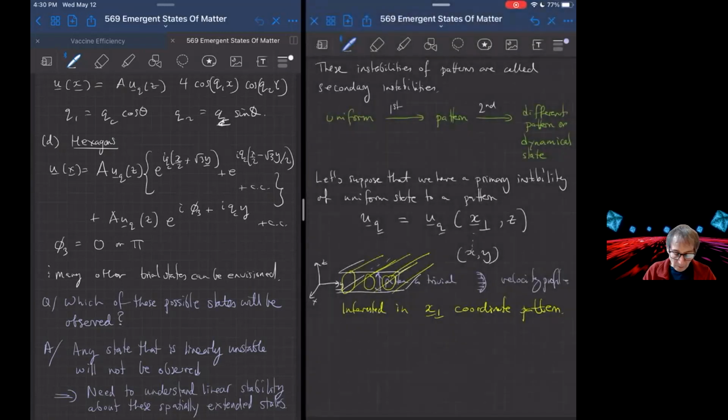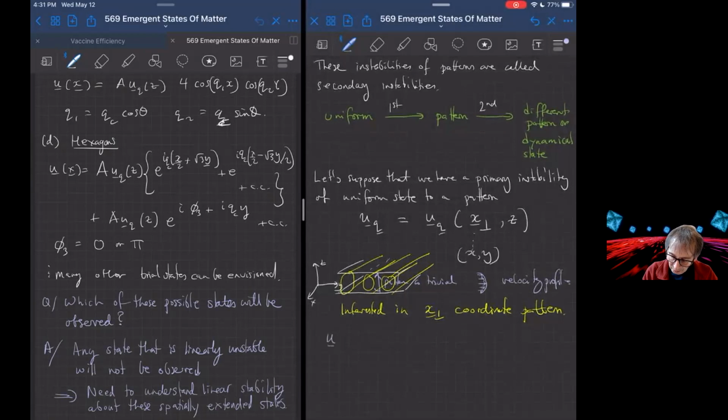Okay, so that's the setup. So what we're going to do now is assume that U is equal to the steady state, and now we're going to make a perturbation. So we're going to say that U is equal to this U_q plus some delta U, and I'm going to write this perturbation in the following way.